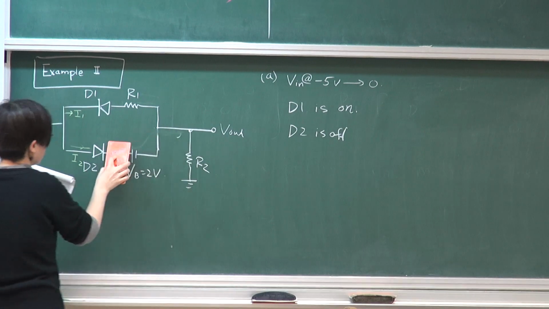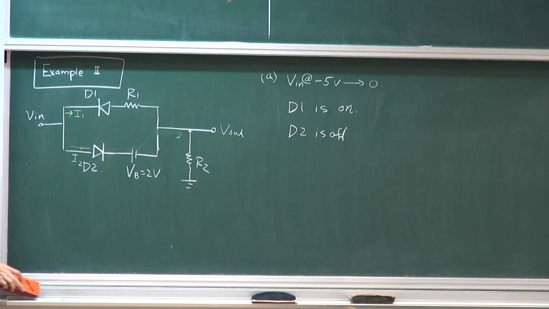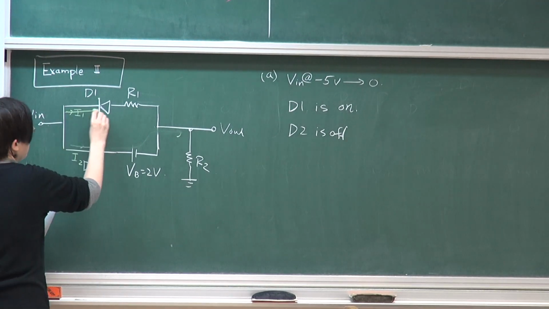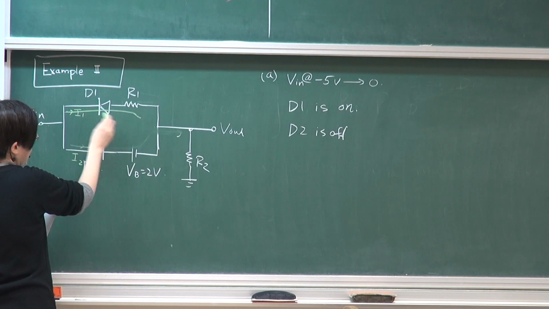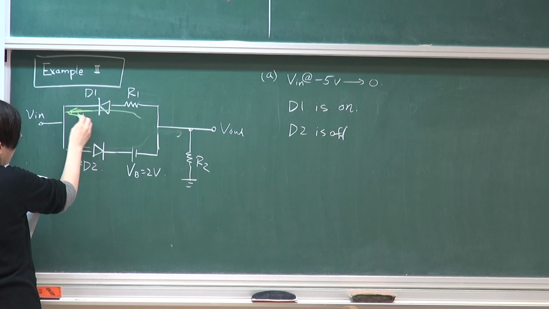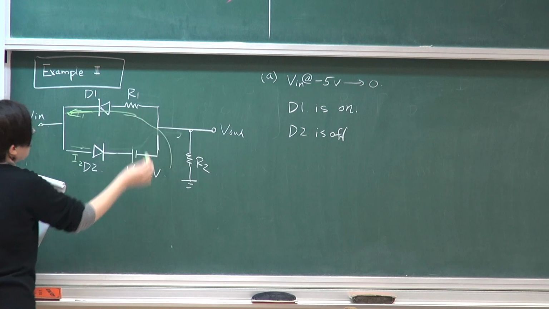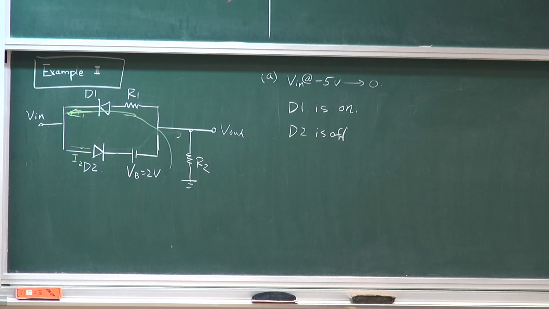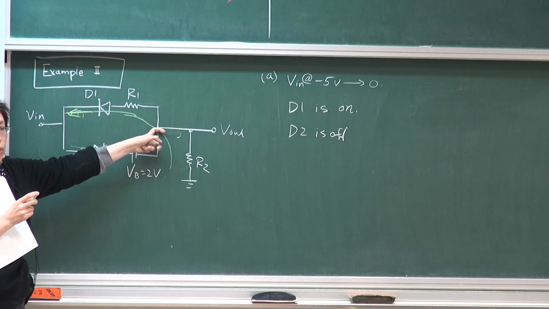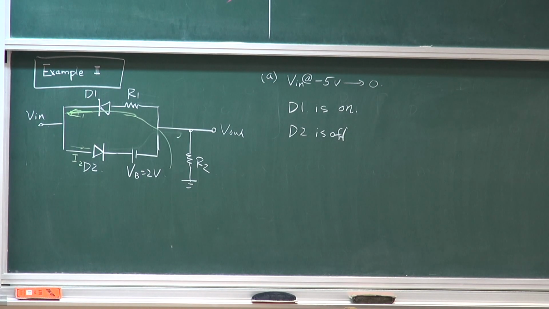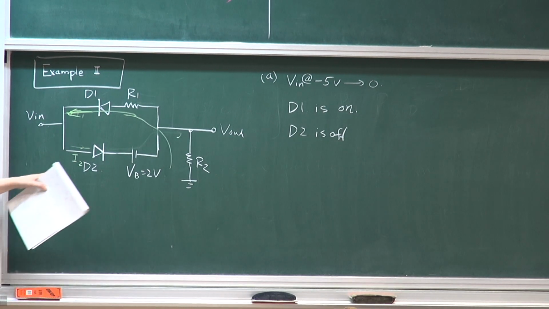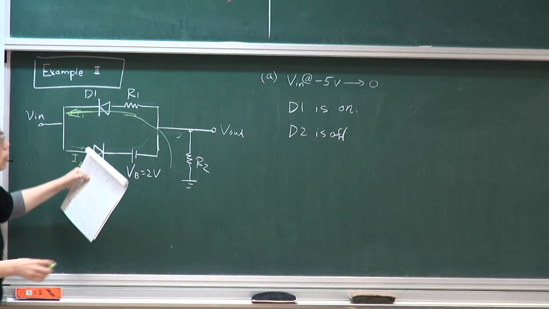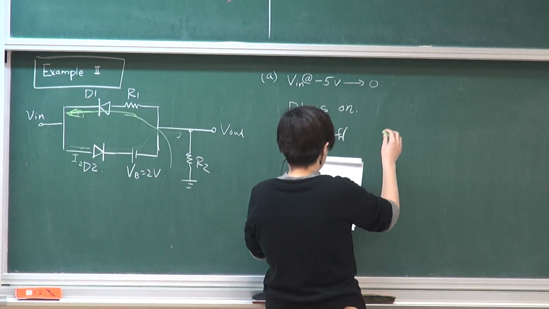Let's place this. Okay? You're assuming that this branch is supporting current. It's negative, so the current is flowing this direction, but it's supporting current, allowing the voltage to be established on the output terminal. So if this is the case, you simply turn off this branch. Your circuit will look something like this.